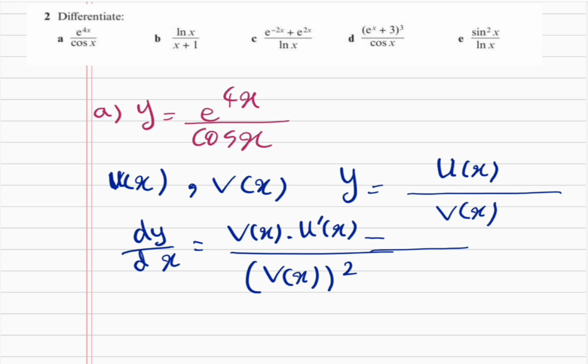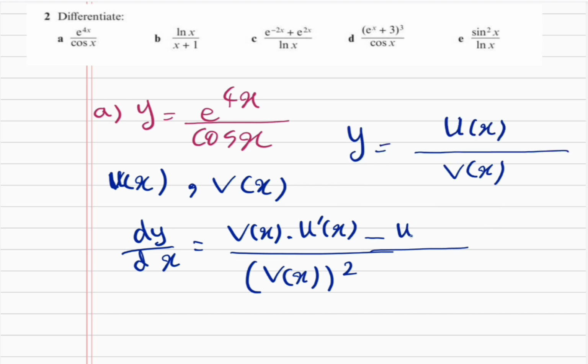So for example, this time you start with the numerator function u of x times the derivative of the denominator function. So this is the quotient rule. You can just memorize in words that you start with the denominator function times the numerator function differentiated, then minus the numerator function times the denominator function differentiated, or just remember the formula each time and use the formula.